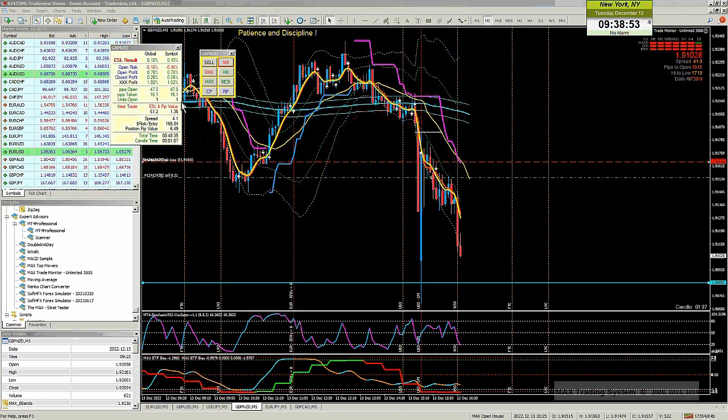And now you can see the potential profit is just 1%. So if you want to close your trade at 1% profit, it's up to you. And you can say, okay, my day is over and I will do something else.